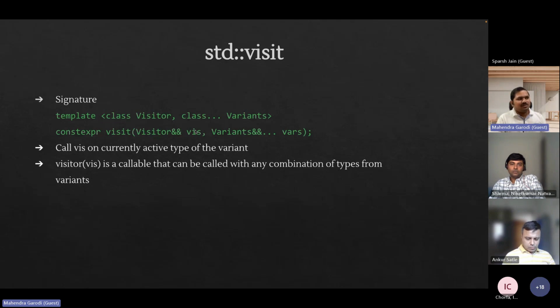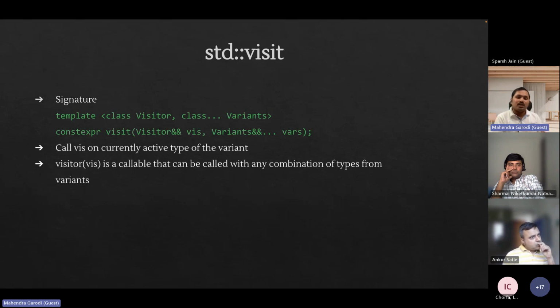So you need to pass a visitor here in such a way that it accepts all the combinations of this variant. What I mean to say basically is, let's say you are holding std::variant with int, double and string. Then you have to pass a visitor or callable here in such a way that it accepts everything. It can accept int, it can accept std::string, and it can accept a double as well.